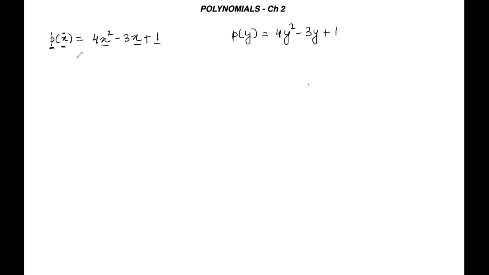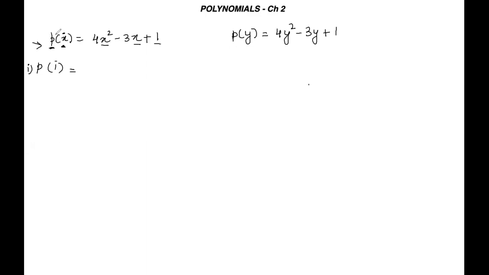Now, if I say what is the value of this particular polynomial, I need to find the value of this polynomial at the value 1. So what do I need to do? Now instead of x, I need to put the value as 1. Why?